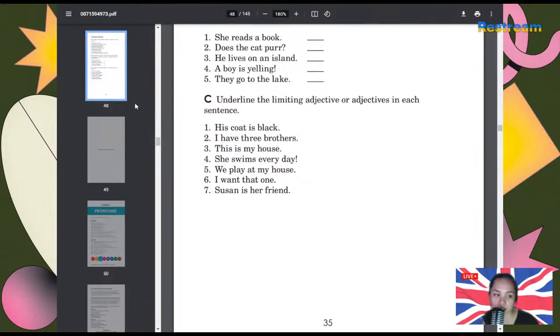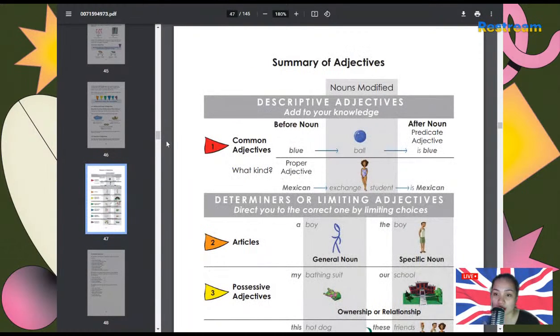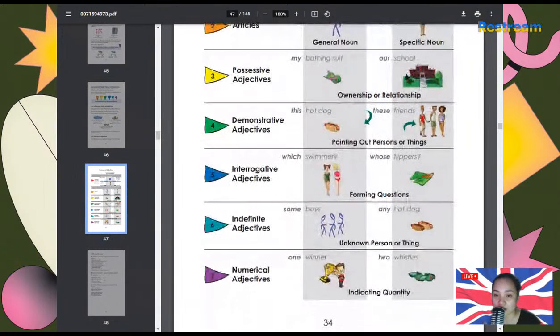So that is about the adjective. Remember that we have tackled here the seven, although this is only short, but I hope you guys learned from this. This is very important to learn, because this is also a part of speech itself.